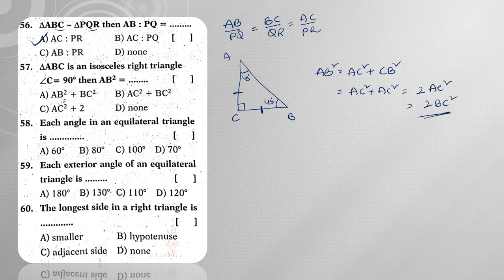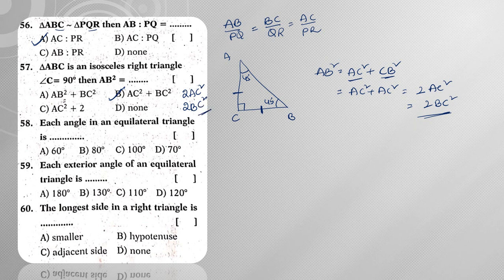So two answers are possible here. AC square plus BC square is present here, hence option B is my answer. Along with this, we can have two more answers: one is 2 times AC square and the other one is 2 times BC square.